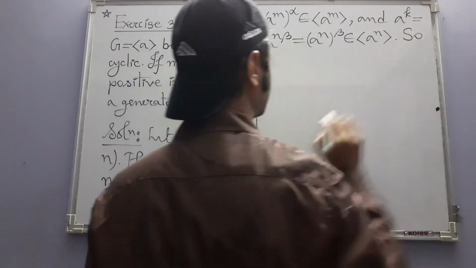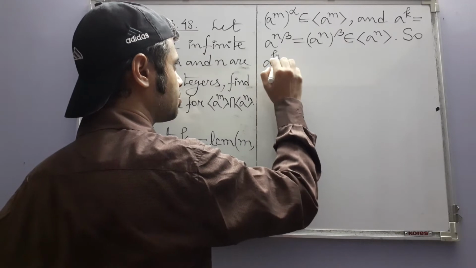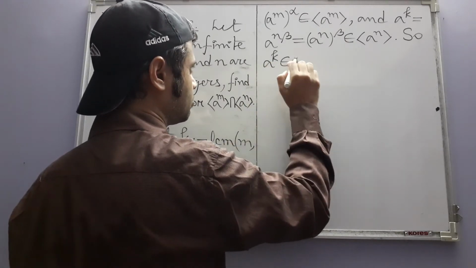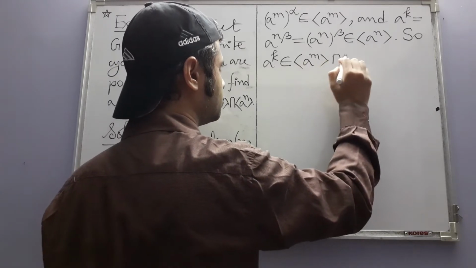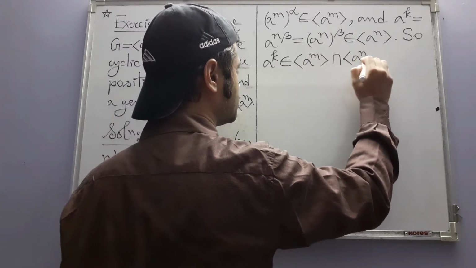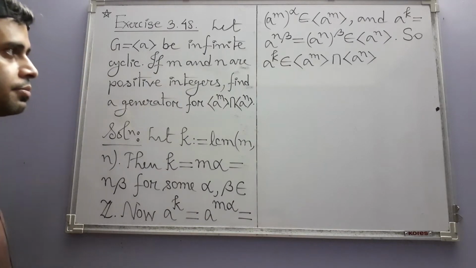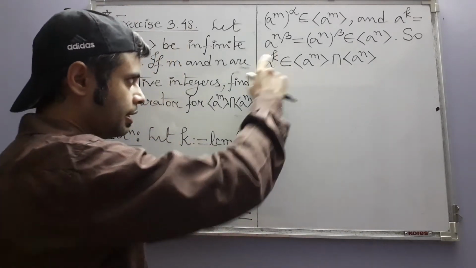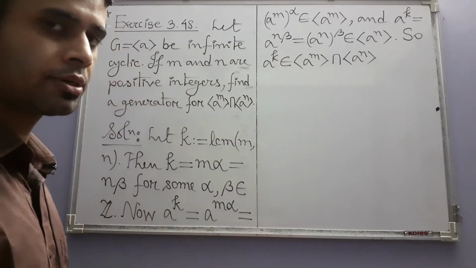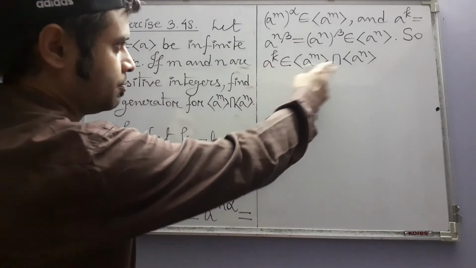So this power of A belongs to the intersection of these two cyclic subgroups. Now, because A to the power K belongs to this, any integral power of A to the power K will also belong to this.